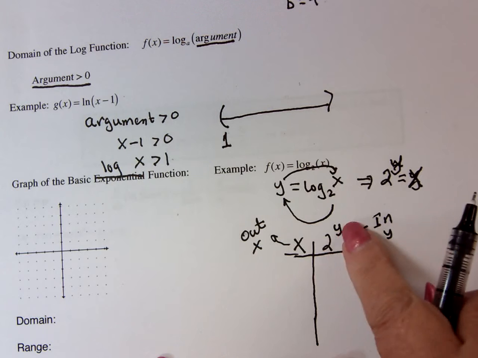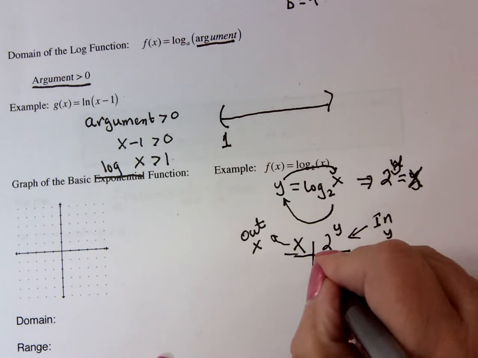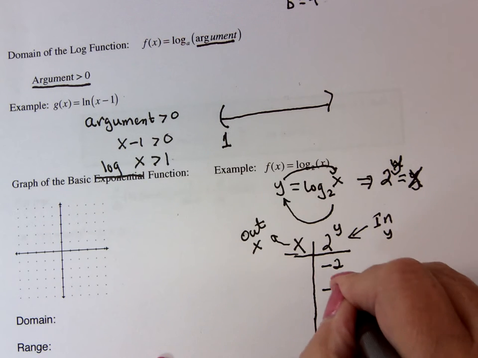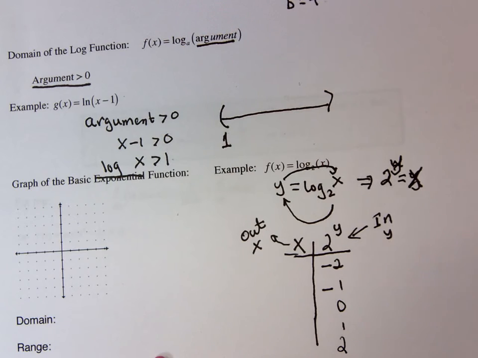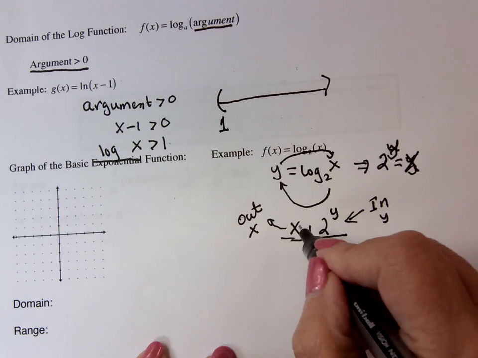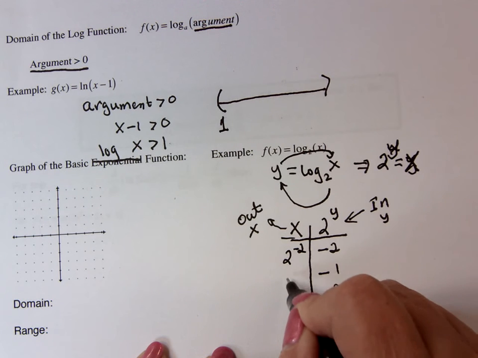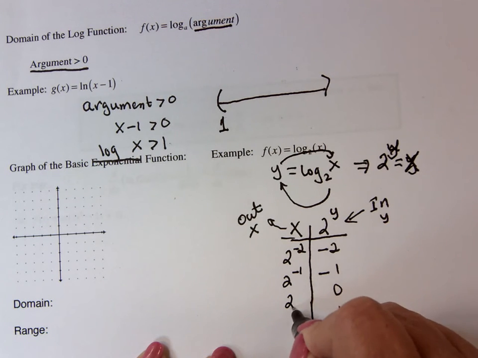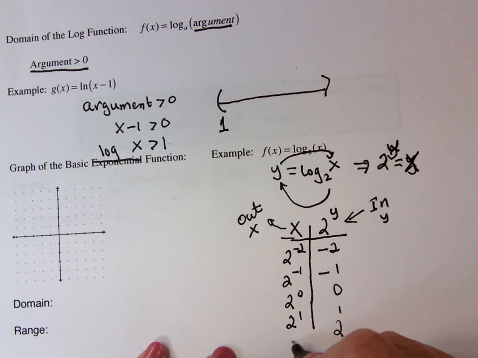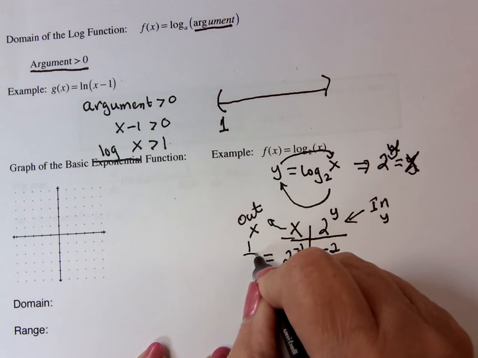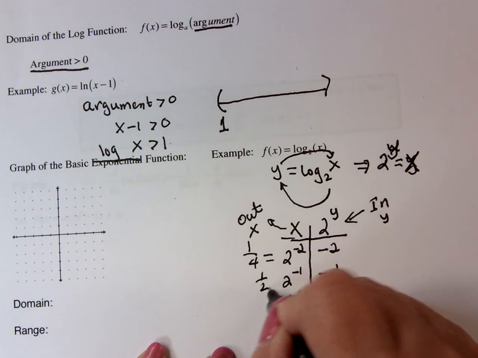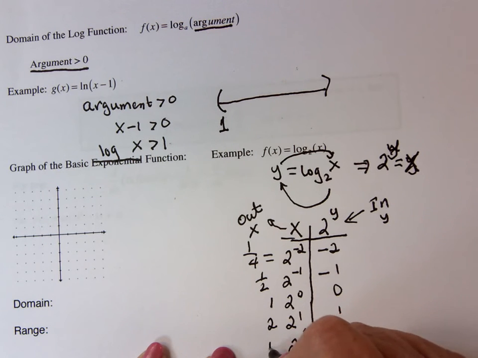Because it's written as an exponential, put in y's: -2, -1, 0, 1, and 2. This ends up being 2 to the -2, 2 to the -1, 2 to the 0, 2 to the 1, 2 to the 2. This is 1/4, 1/2, 1, 2, and 4.